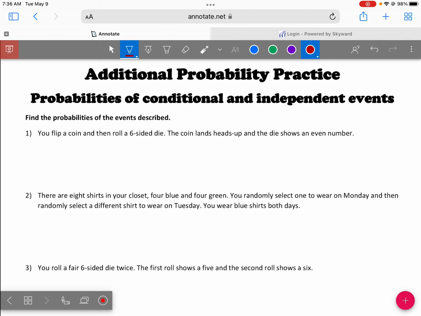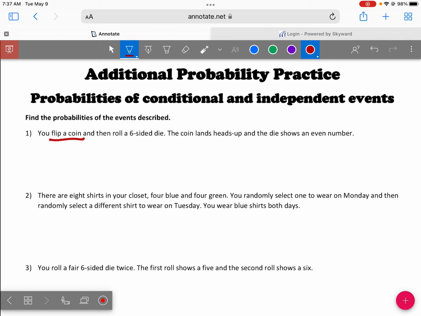So you're flipping a coin, and the other is you're rolling a 6-sided die. Do you think how we roll determines how we get on the other one? Just say no.